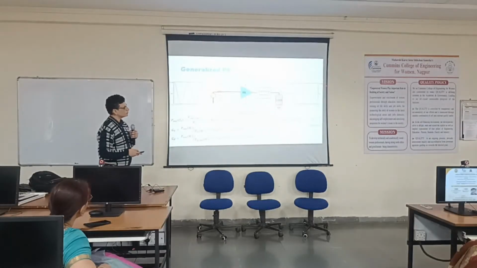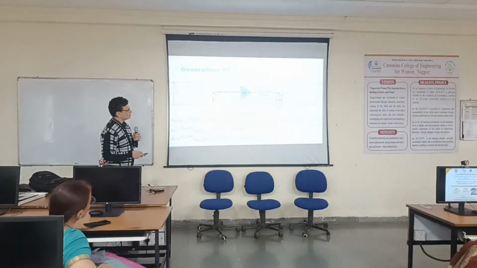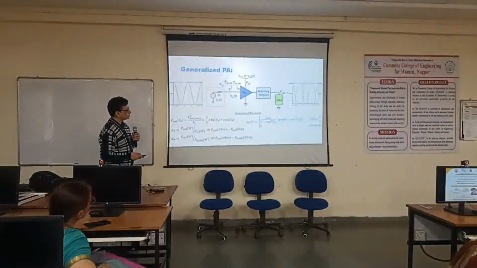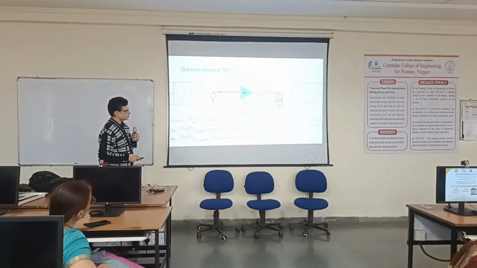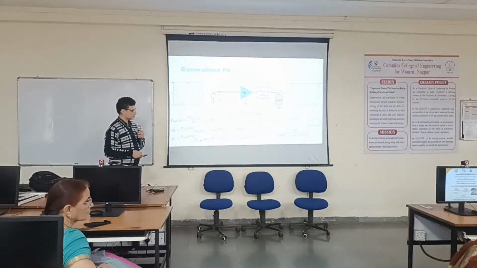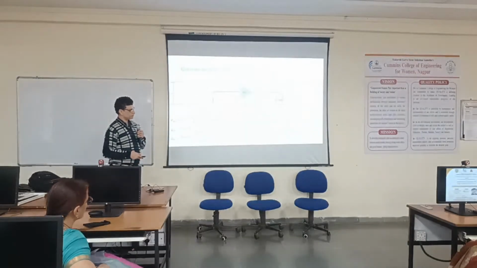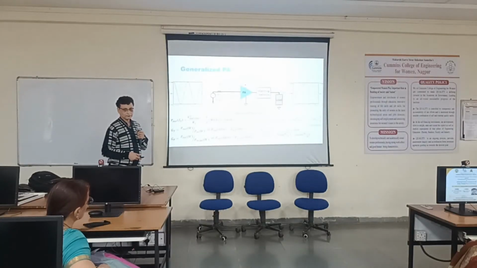This is a particular type of power amplifier where, based on the conduction angle, you can find the drain current IDS and also the efficiency. This is the general formula for the efficiency in terms of the conduction angle alpha.